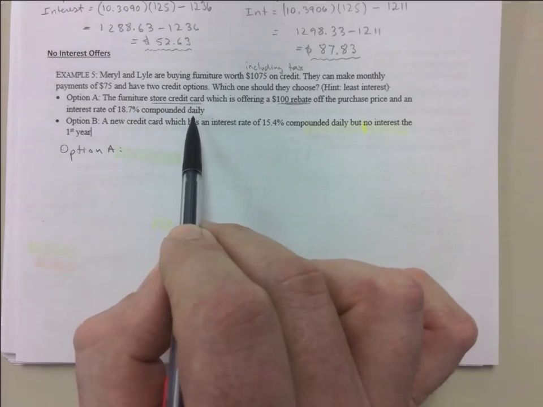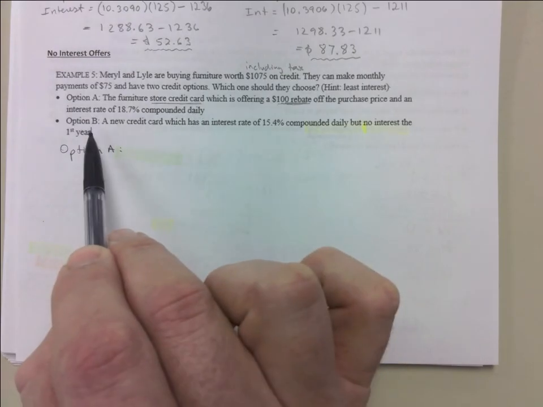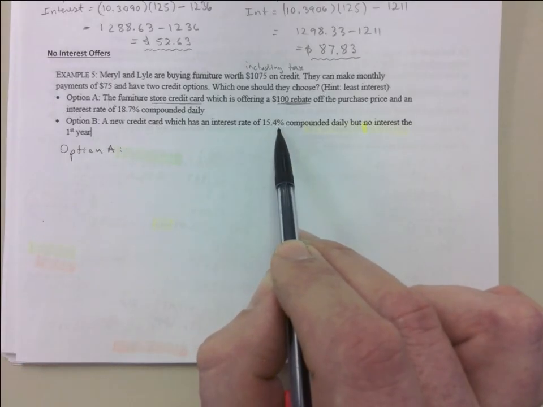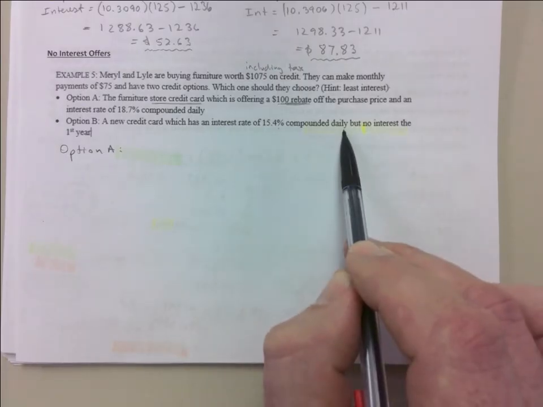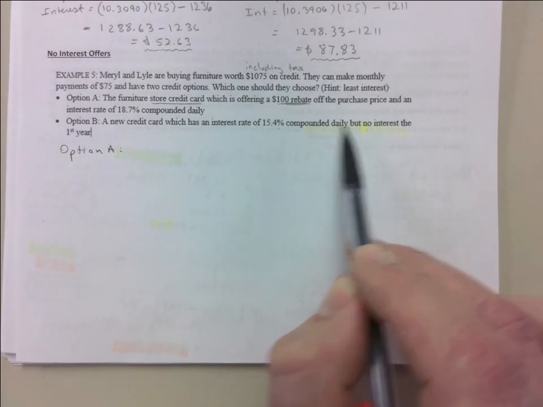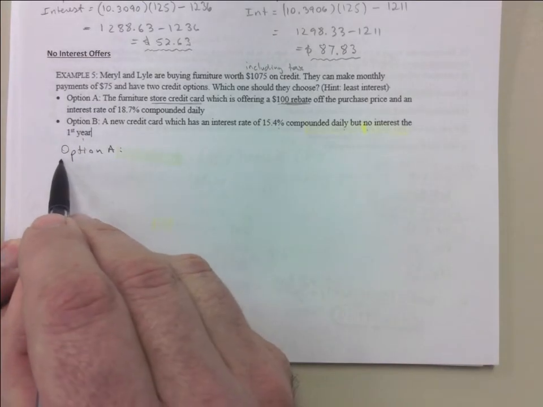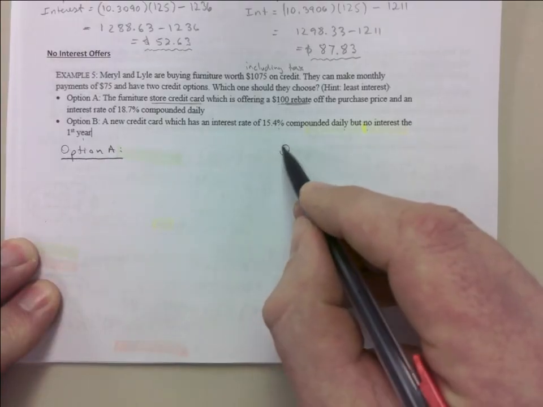That's your first option. Option B, a new credit card with an interest rate of 15.4% compounded daily, but no interest during the first year. Let's compare those 2 options.